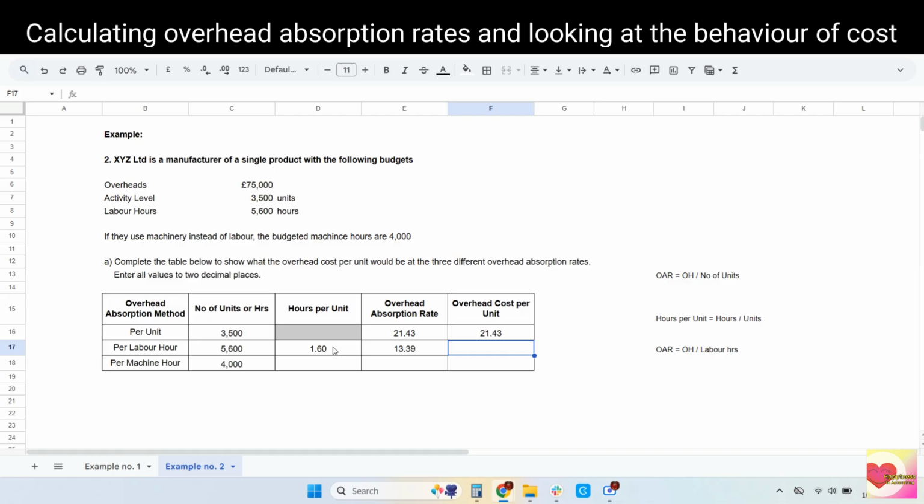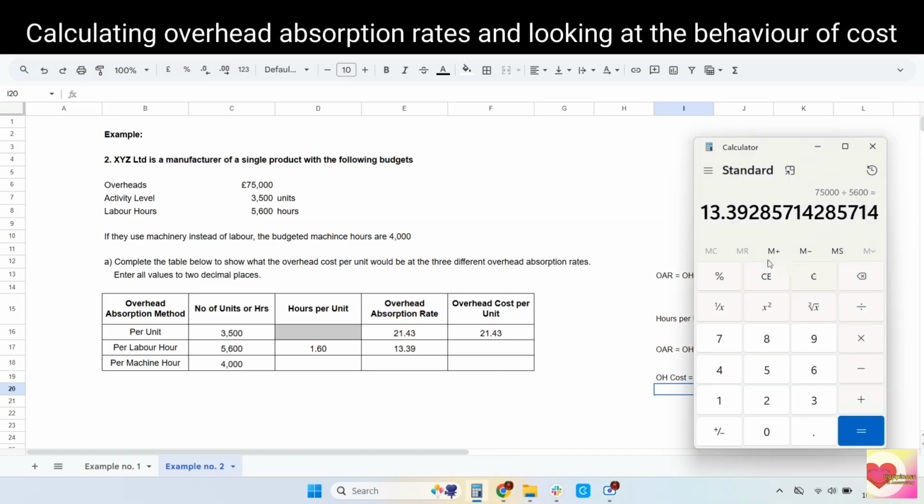So let's multiply the OAR by the hours per unit. Remember, to get the overhead cost per unit, the formula is to multiply the OAR by the hours per unit. So let's calculate.